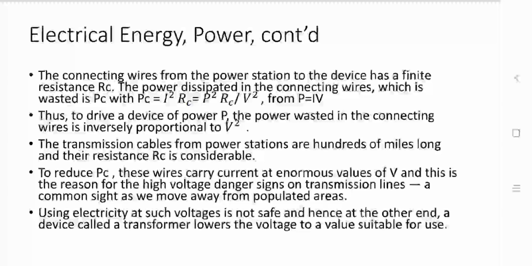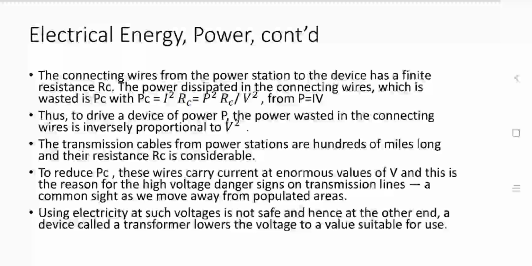So to reduce the loss through the transmission cable, we need to provide a higher voltage. If voltage is higher, power loss is less, and that's why the supply voltage from the power station is very high. This power needs to be carried through the transmission line, and that's why a danger sign is always shown wherever the transmission line is in a populated area.